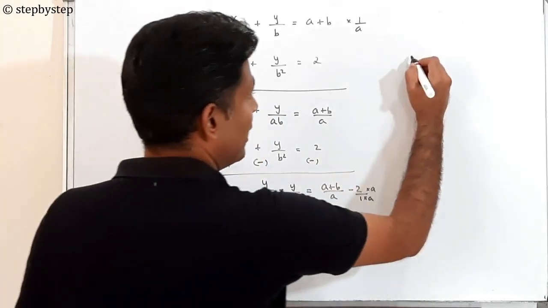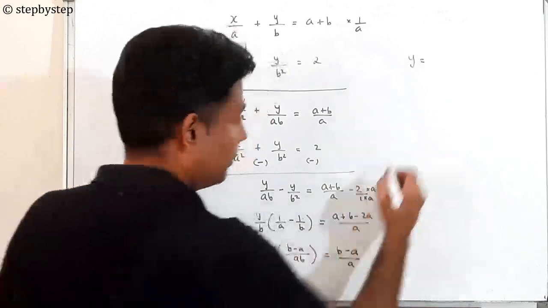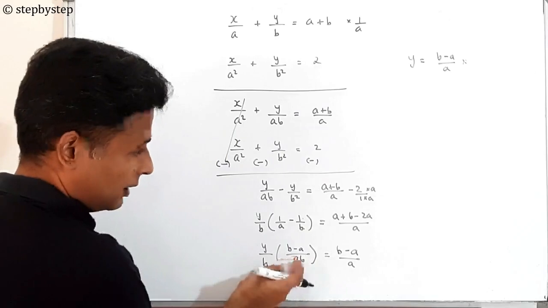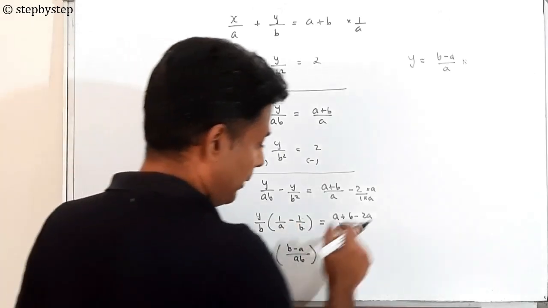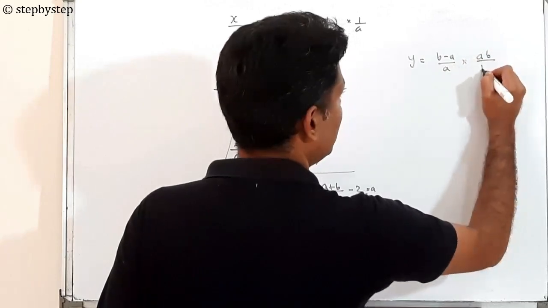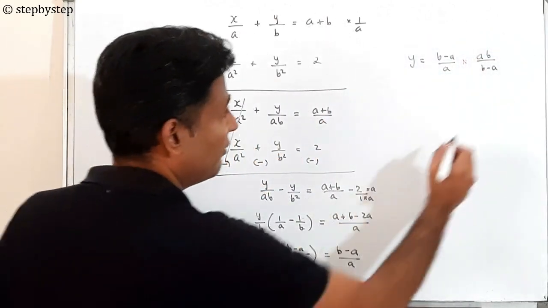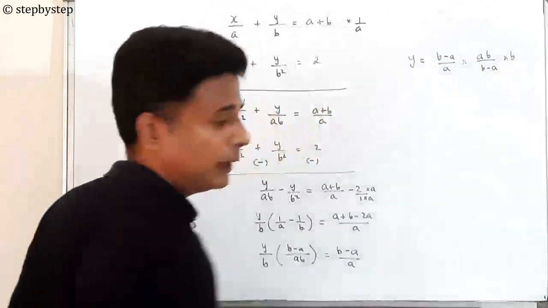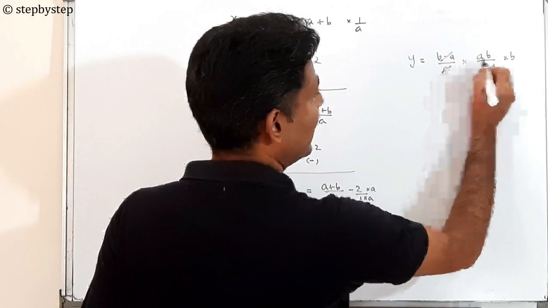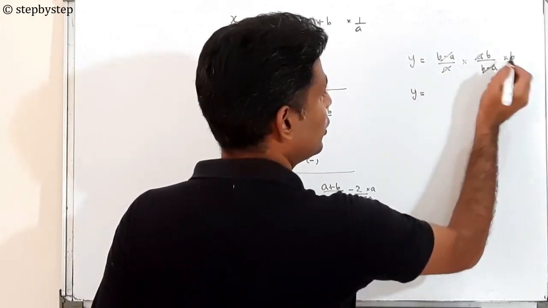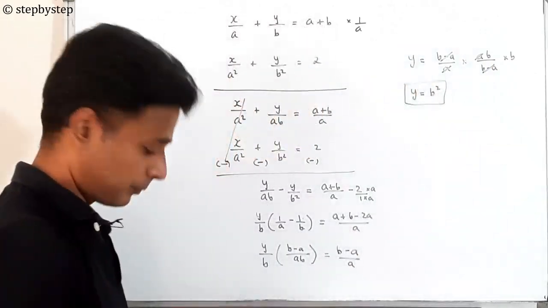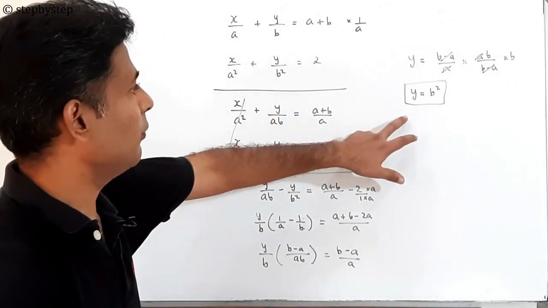Now transposing, I get y equal to b minus a by a into, when I transpose this, it will become ab by b minus a, and this b will become into b, right? So b minus a cancels, a and a cancels, we get y equal to b into b, that is b square, right?